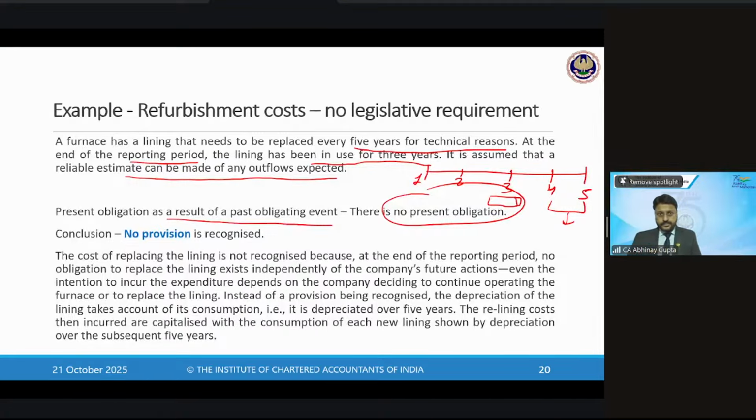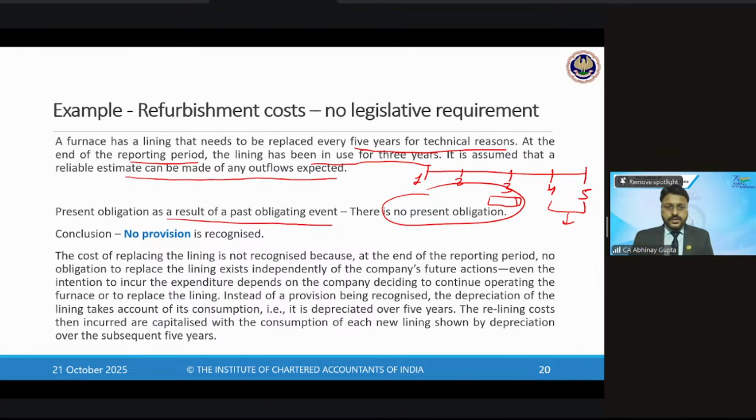So in the examination, if such a question comes where the standard number is not given in the question, then the onus lies on us to identify whether the question is related to Ind AS 16, Ind AS 37, or some other standard.